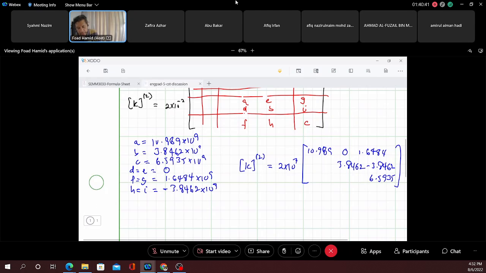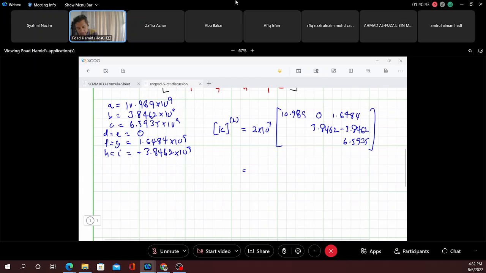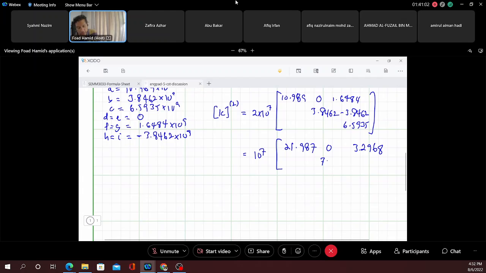Okay, so if I expand this, this becomes 10 to the power of 7, and this is 21.978, 3.2968, and 7.6924, minus 7.6924, and 13.187. Okay, so this is symmetric.